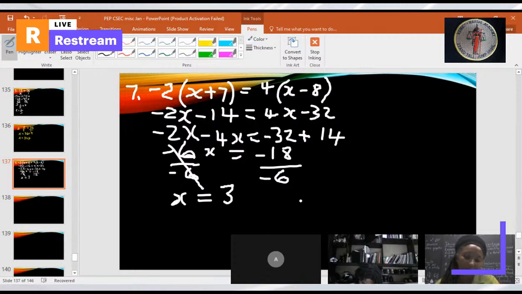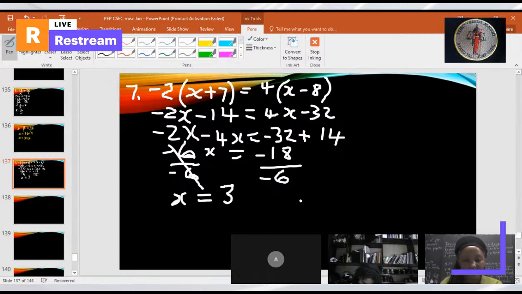So plug that back into the equation. Negative 2 times 3 is negative 6. Negative 6 plus negative 14 equals 4 times the 3 minus 8.